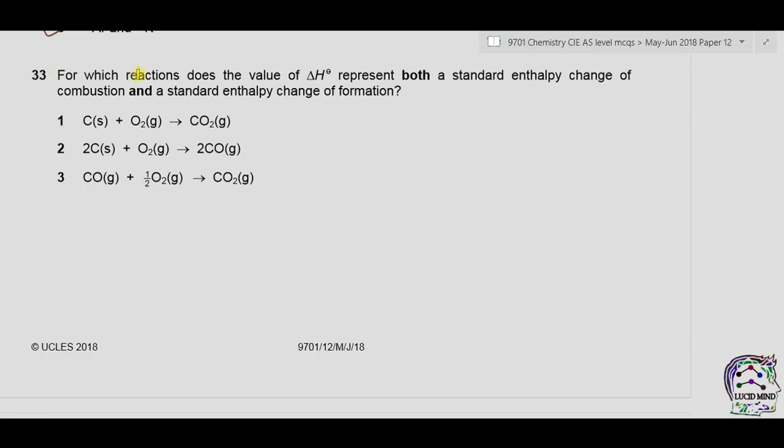Question 33. For which reactions does the value of enthalpy change represent both a standard enthalpy change of combustion and a standard enthalpy change of formation? Now, the standard enthalpy change of combustion is when 1 mole of substance is combusted in excess oxygen to form products in standard states under standard conditions.